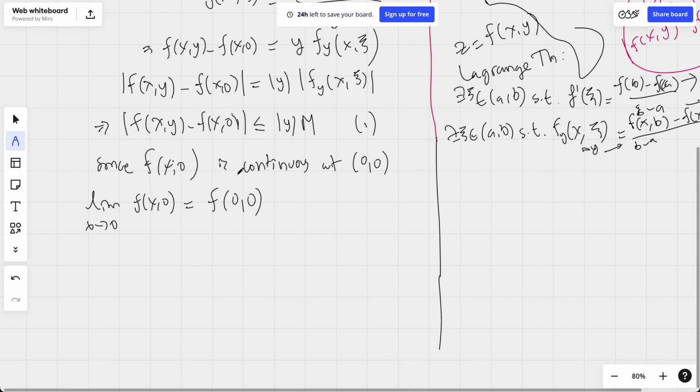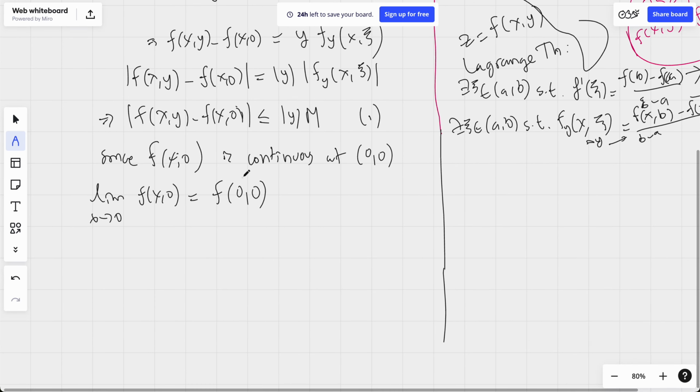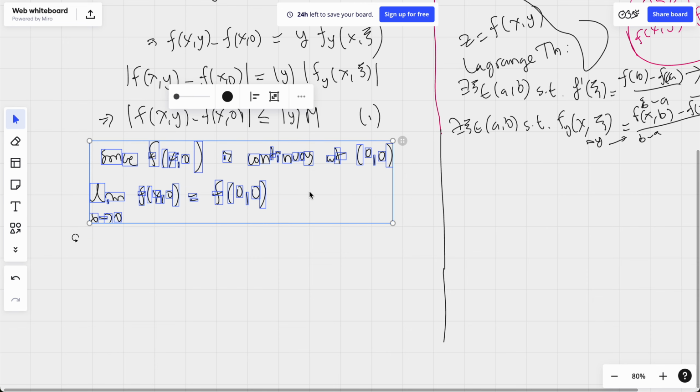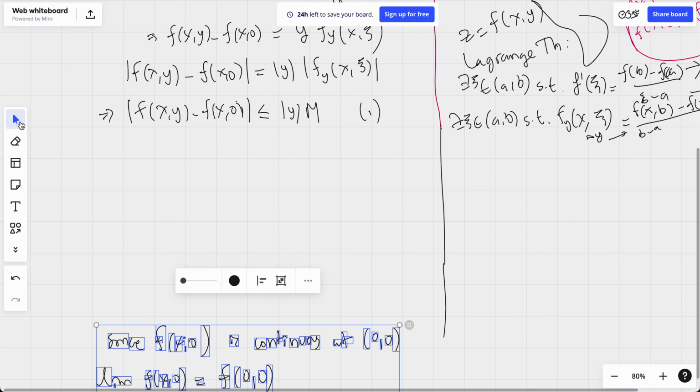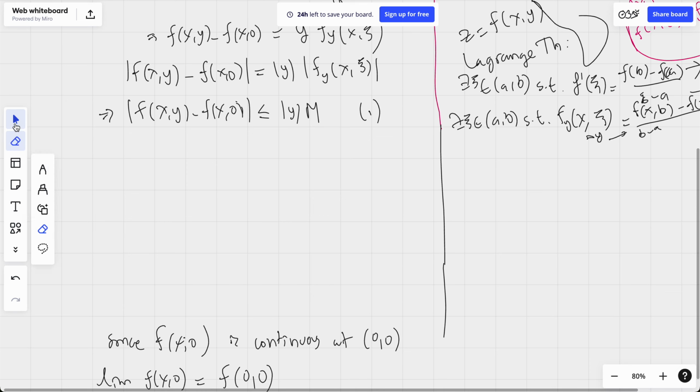That means that, oh, I forgot one thing. Let me just copy this and move it down for now. I forgot one thing. So first, I will just say for all epsilon greater than 0, let delta 1 equal epsilon over 2M.